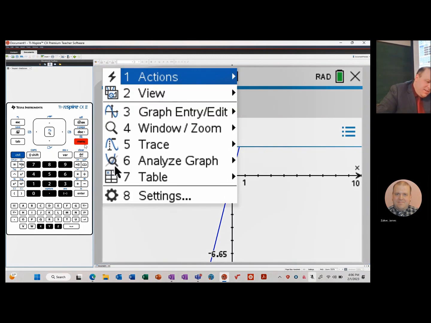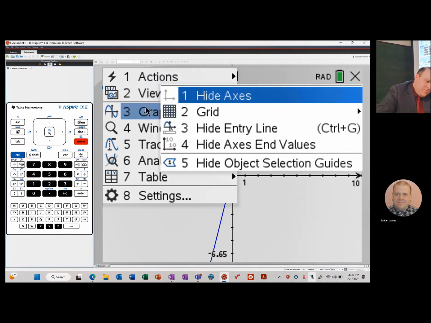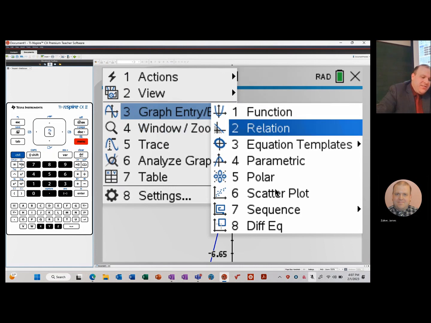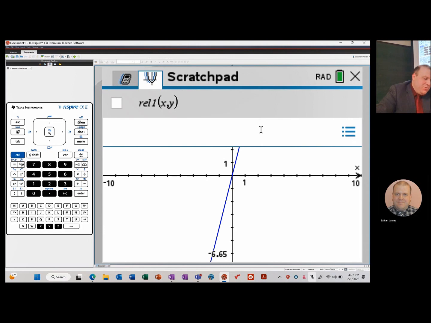Actually, it's in here. Yeah, there it is. You can also just do menu, graph entry, which is number 3, and then you get the same things. We want a relation, so it would be number 2. Boom, we're there.